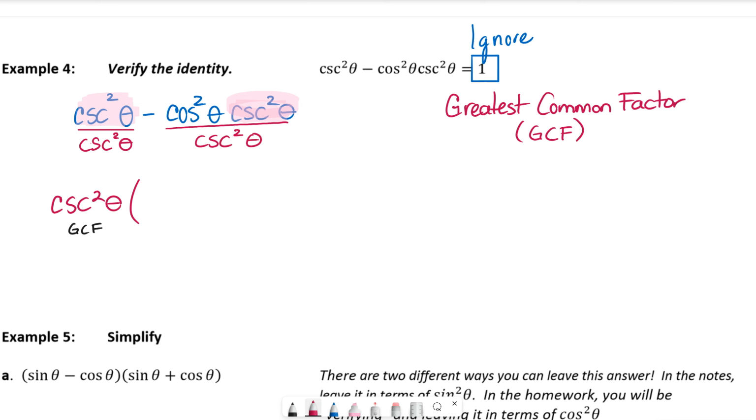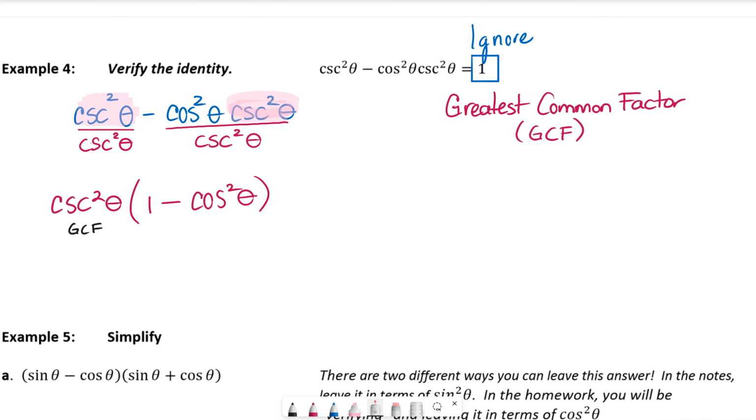So I'm going to divide both terms by cosecant squared theta because that's my GCF. Well, cosecant squared theta divided by cosecant squared theta, that's just 1. I'm going to put my minus. And then this right here, cosine squared theta times cosecant squared theta over cosecant squared theta, those are going to cancel. So I'm just left with cosine squared theta.